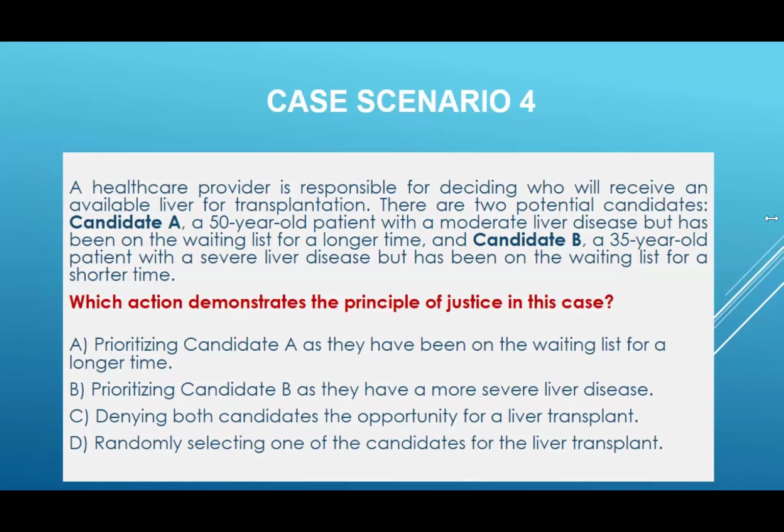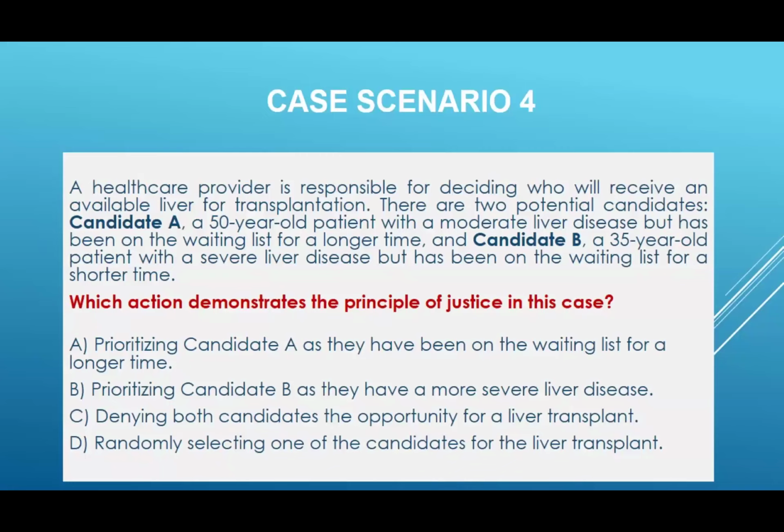Okay, we are not asking about non-maleficence here. We are asking about justice. Which one will reflect the justice? If you choose B, you will choose B because of the severity of the disease and his age, okay?